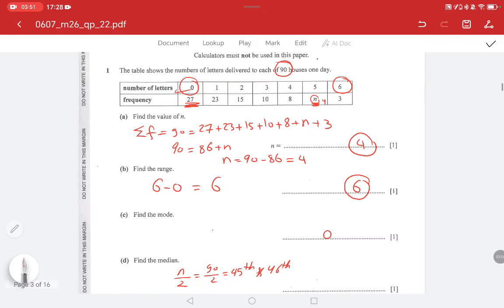Let's see where we can find the 45th. Looking at the cumulative numbers, here you have 27, and you still haven't reached 45. If you add 23, now you have 50. So now you have reached the 45th, and the answer is here, which is 1.